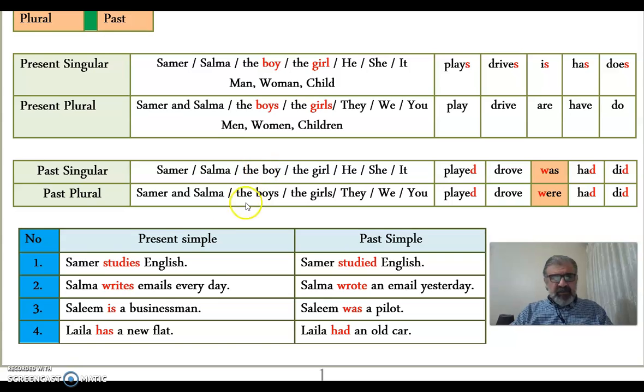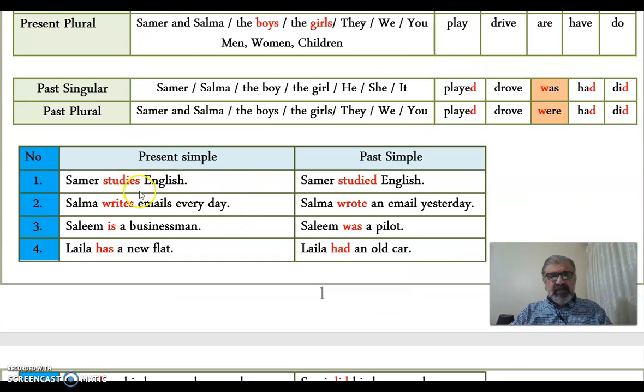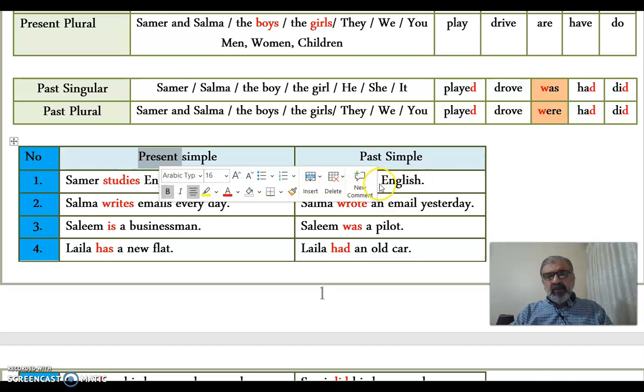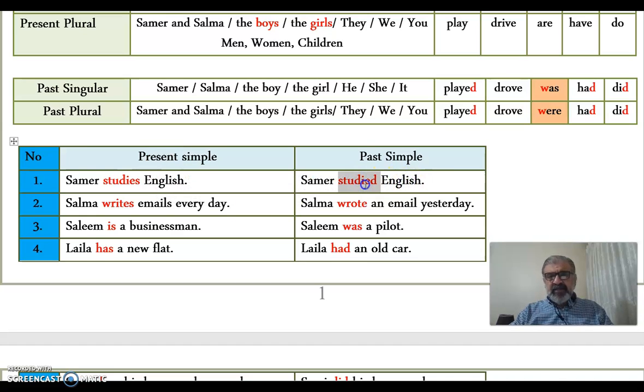Now let's look at the following examples. Samir studies, that's present. Studied is in the past, as easy as that. You don't have to trouble yourself too much. Studied ends with a D, so it's in the past. You may not apply this rule overall, but in this case, yes, it does.